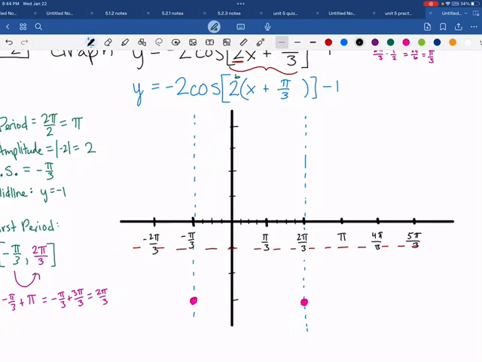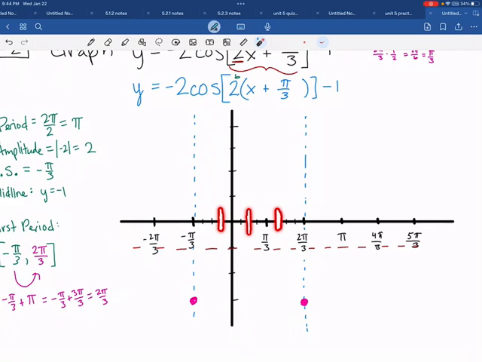And so that's a number that I can divide in half and in half again, because that's what I have to do. I have to find the halfway point, which would be right here, and then the halfway point again. So now I've evenly and accurately divided up my period into 4 equal parts, and that's where my points will go.